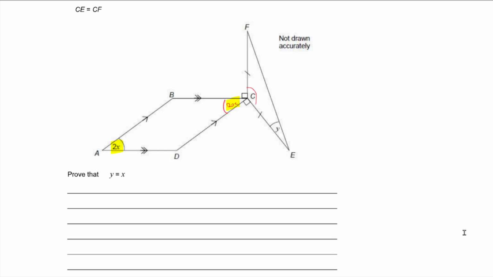So I'm going to say that the angle BCD is equal to angle BAD, and that's equal to 2x. The reason for that is opposite angles in a parallelogram.